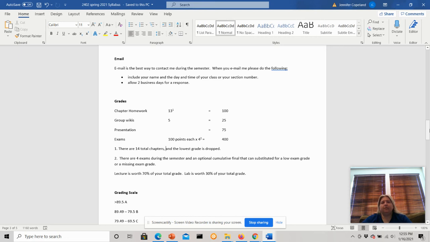If you perform poorly or not as you expected, let's say you really want an A in this class and you get an A on the first test and a C on the second test and then an A on the third test and an A on the fourth test, and that C is kind of like dropping your grade down to a B in class. You can just take the final exam, and that C will then be dropped, assuming the final exam grade is higher than the C. I hope that made sense.